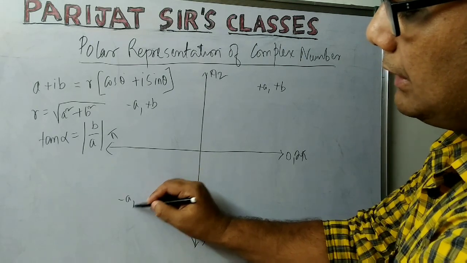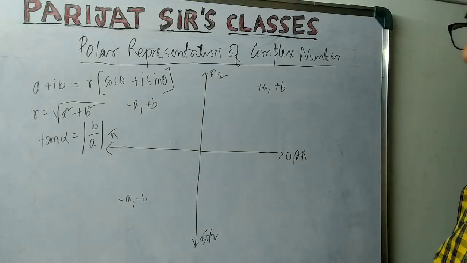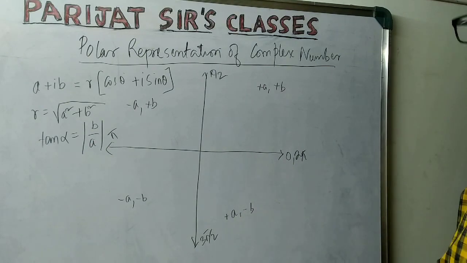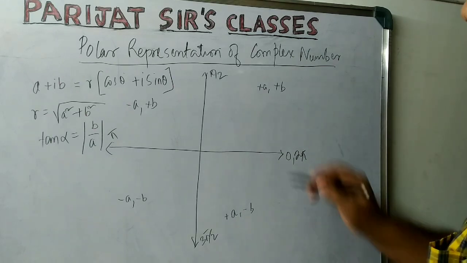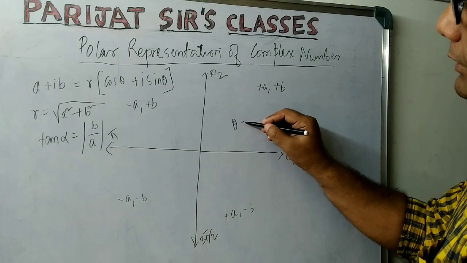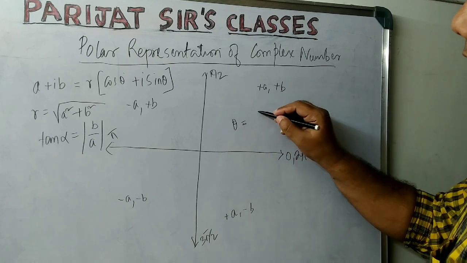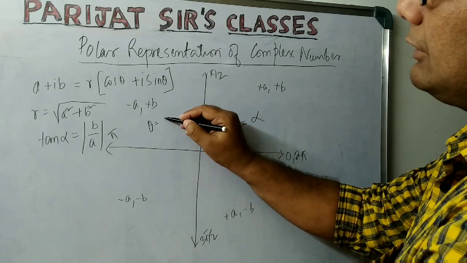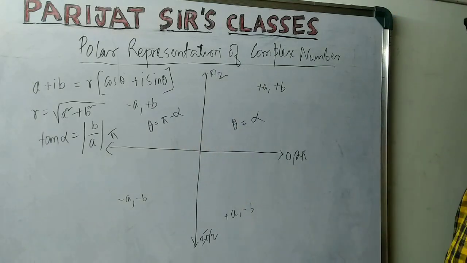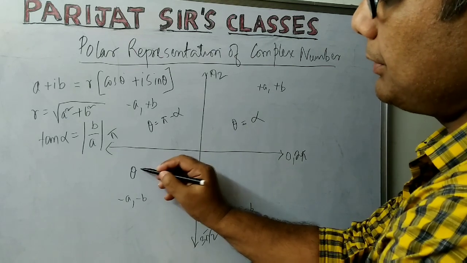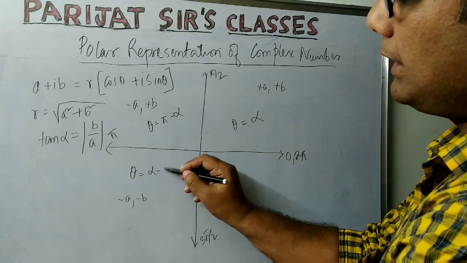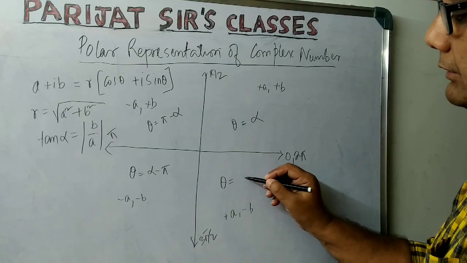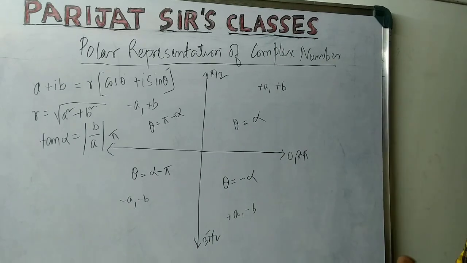Here a will be negative and b will be negative. And here a will be positive and b will be negative. So in this case, theta will be alpha. Here theta will be pi minus alpha. Here theta will be alpha minus pi. And here theta will be minus alpha.